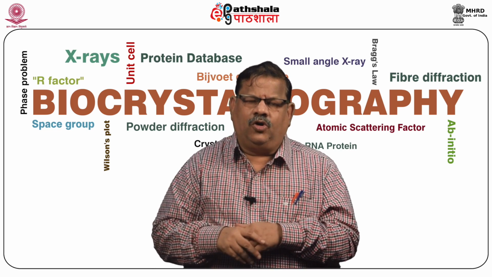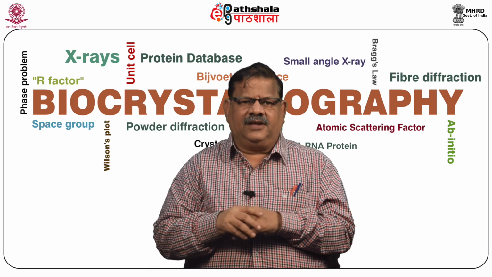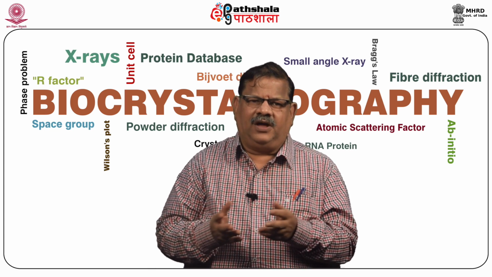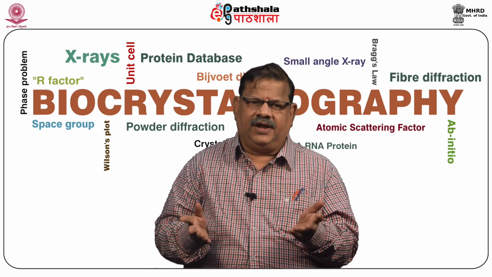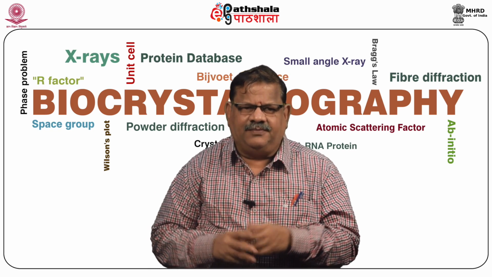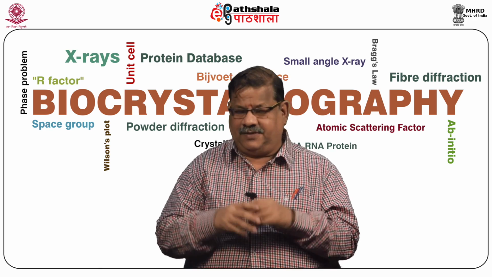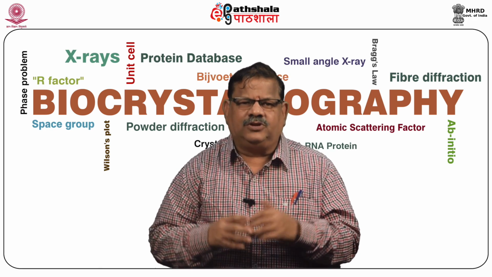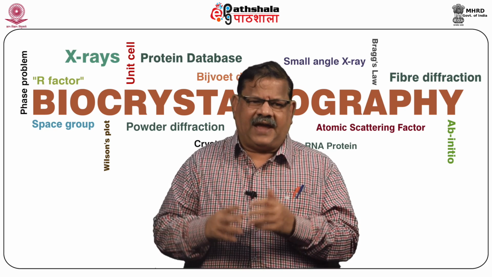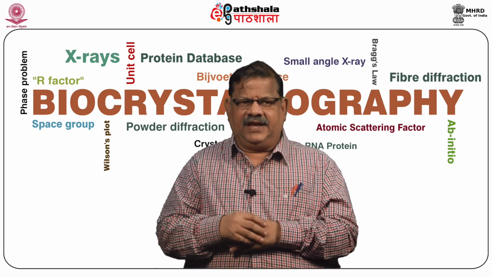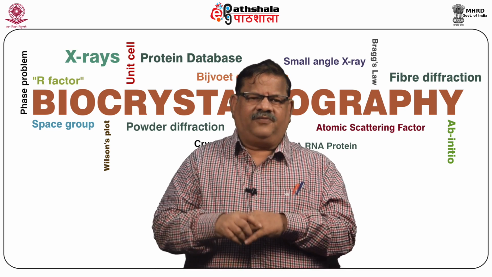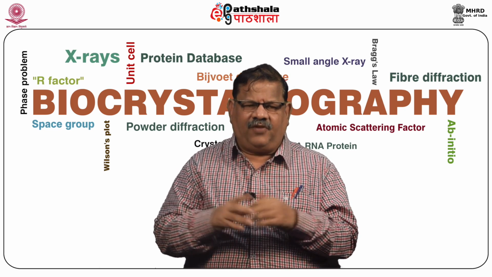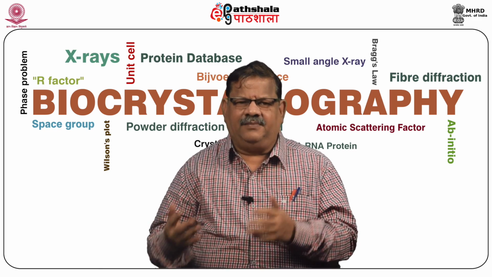The moment you know the position of the heavy atom, you already have a simple formula for the structure factor of a Bragg reflection as summation j equal to 1 to n of F_j times e power 2 pi i (h x_j plus k y_j plus l z_j), which can be split into two parts, A(hkl) plus i times B(hkl), the geometrical form of the structure factor. Therefore, we can find the phase of the heavy atom. Tan phi of hkl is B(hkl) by A(hkl).